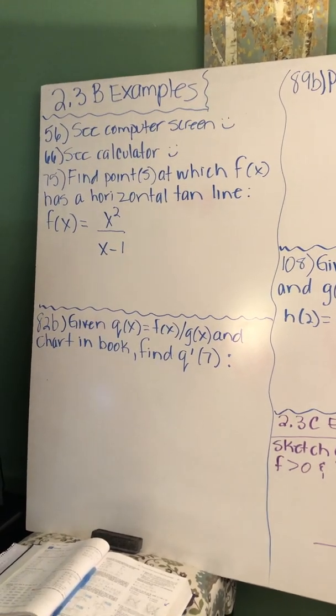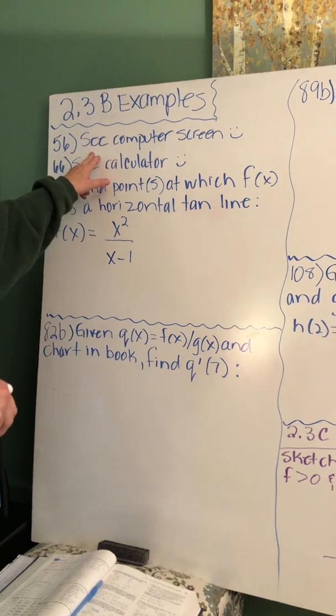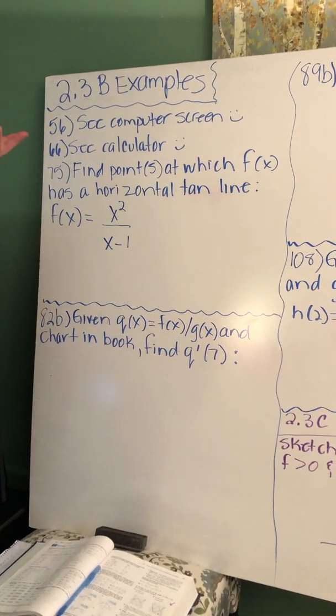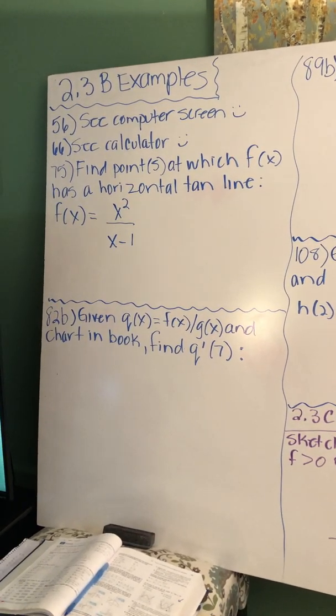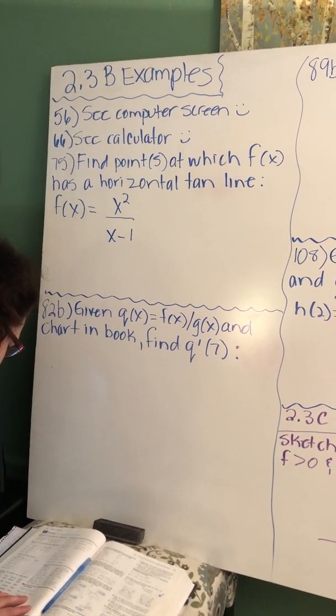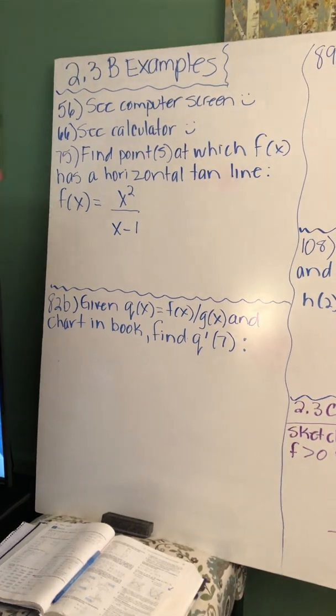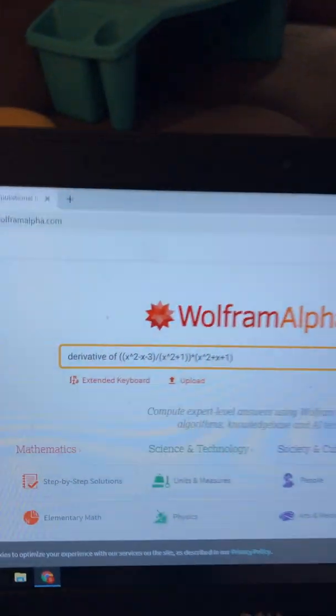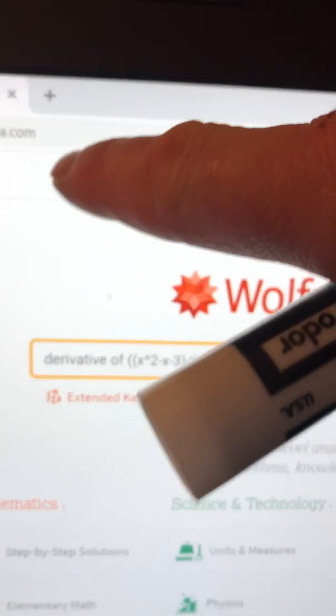Here we go. 2.3b. Number 56 is an example, and I put please see computer screen. What your book says for number 56 is use a computer algebra system to differentiate the function. Let's come over to the computer screen. The program I usually use is Wolfram Alpha.